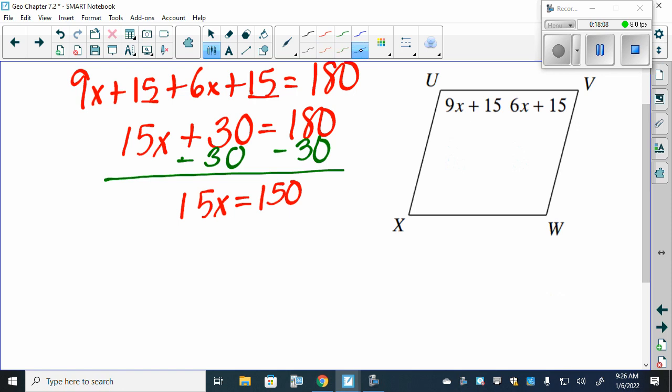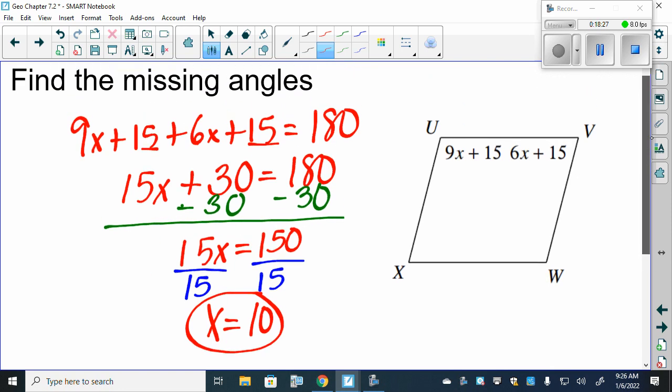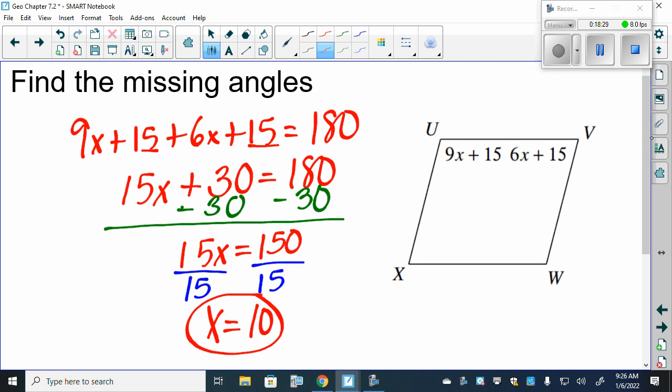And then we would divide both sides by 15, telling us x is equal to, exactly, it would be 10. And they wanted us to find what? Missing angles. So we needed to find the value of x to be able to find the angles.